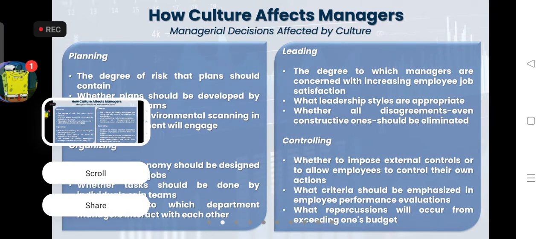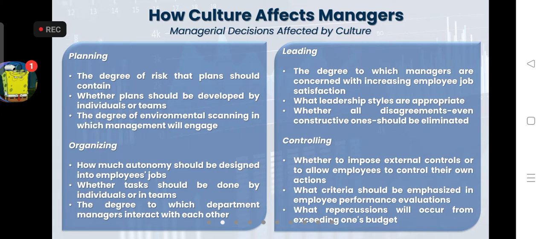So, how does culture affect managers? It is an exhibit entitled "Managerial Decisions Affected by Culture." We have here planning: the degree of risk that plans should contain, whether plans should be developed by individuals or teams, and the degree of environmental scanning in which management will engage.